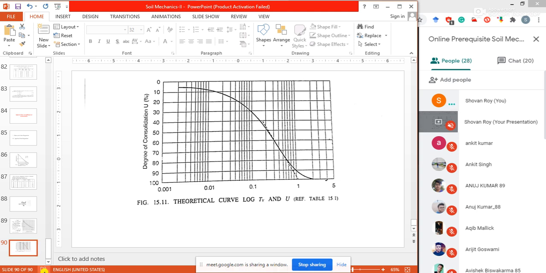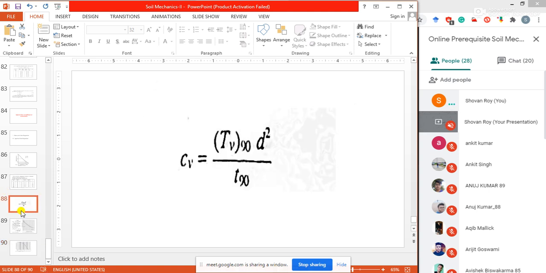which is important, our t90 value. The plotting of this graph is the same. When this t90 value is available to me, I can calculate the coefficient of consolidation.